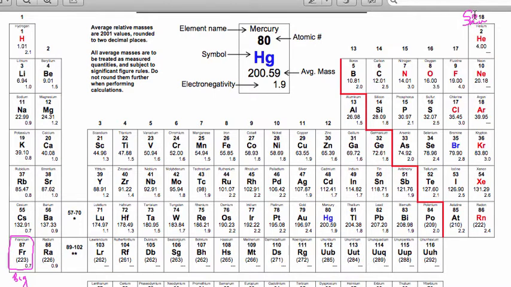So here are the small ones, and here are the big ones, and so we have this general trend for size that goes like this. Okay. The other trends go opposite. So size gets big in the lower left corner. All the other trends, ionization energy, electron affinity, they get big going to the top right.